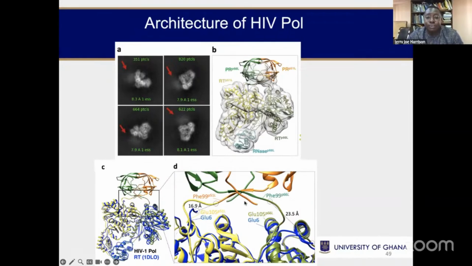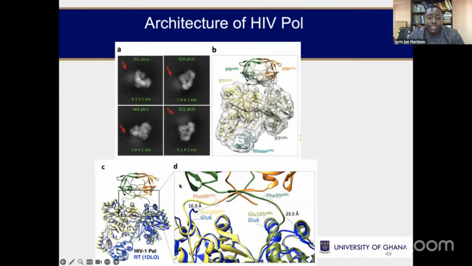In terms of the details, the protease did resemble the natural or mature protease dimer that we know. But I wanted to pay attention to this.